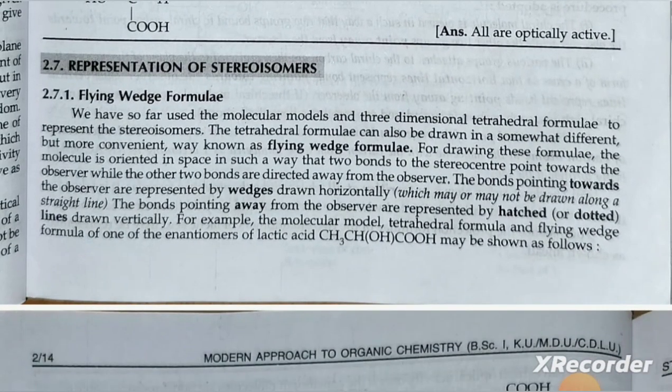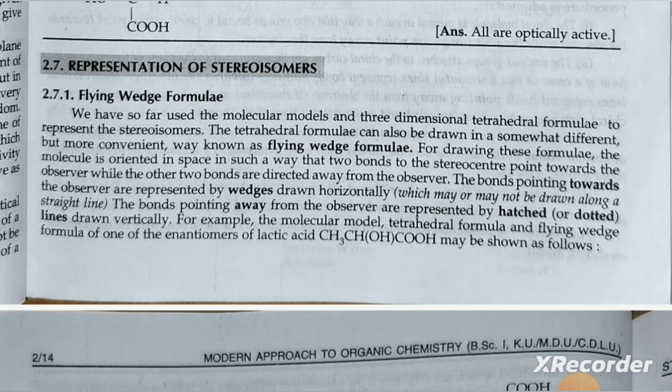Representation of stereoisomerism. First is the flying wedge formula. We have so far used the molecular model and three-dimensional tetrahedral formula to represent the stereoisomers. The tetrahedral formula can also be drawn in a somewhat different but more convenient way known as the flying wedge formula.